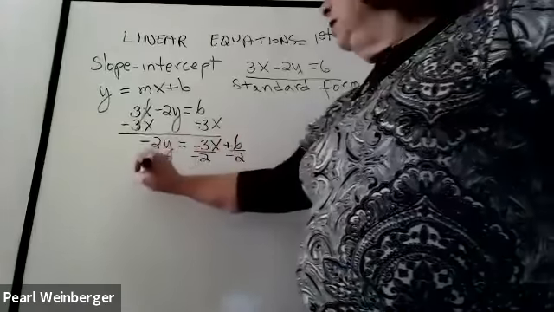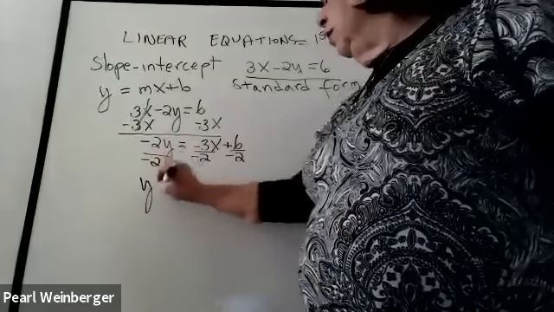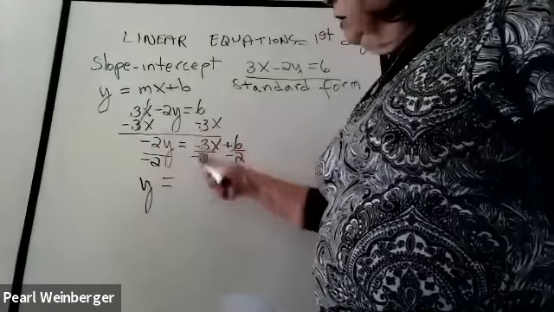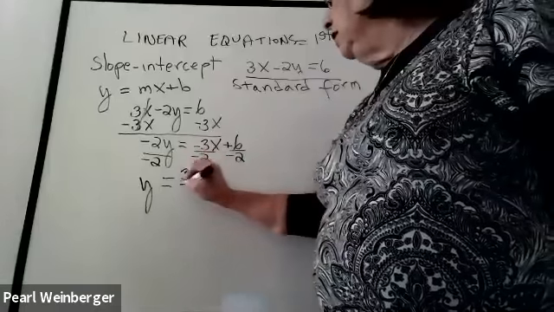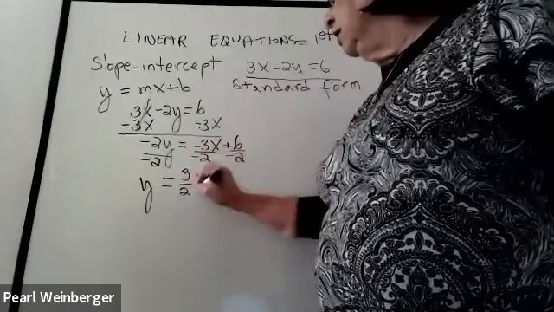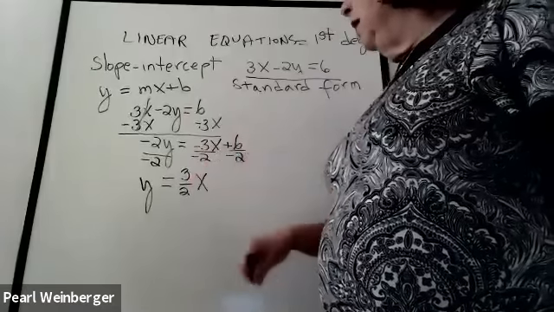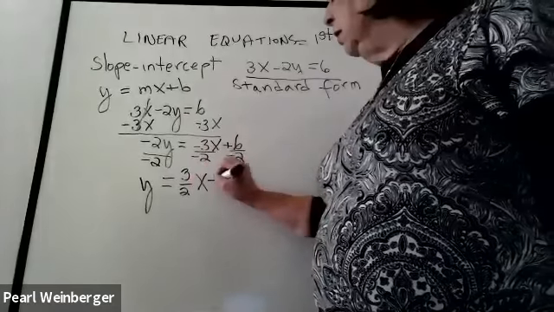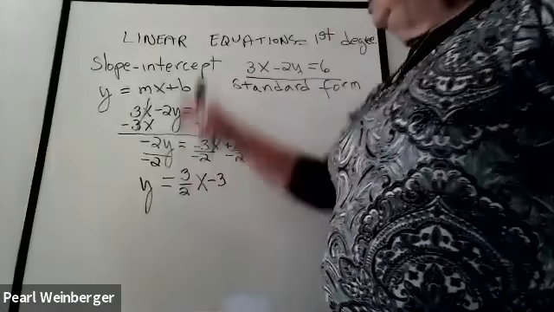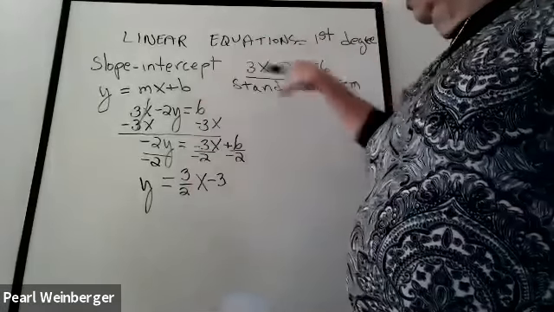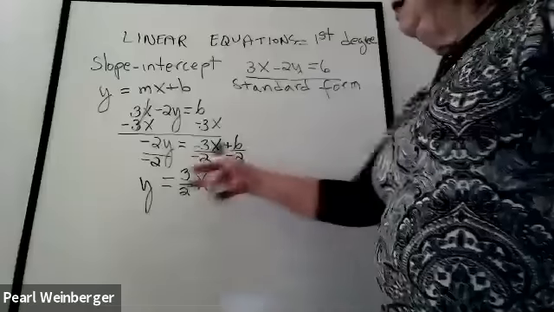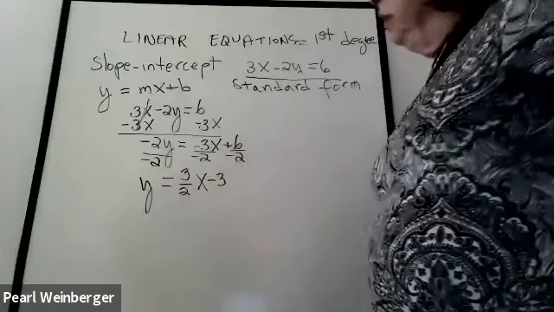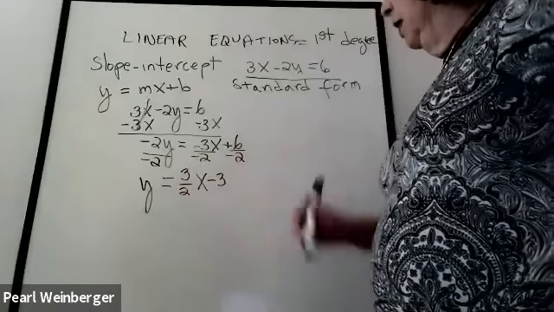And that'll give me y equals, well, now I have a negative 3 divided by negative 2. A negative over negative is positive, so it's 3 over 2x. And 6 divided by negative 2 is minus 3. I have taken this original equation that was in standard form and put it into the slope-intercept form.